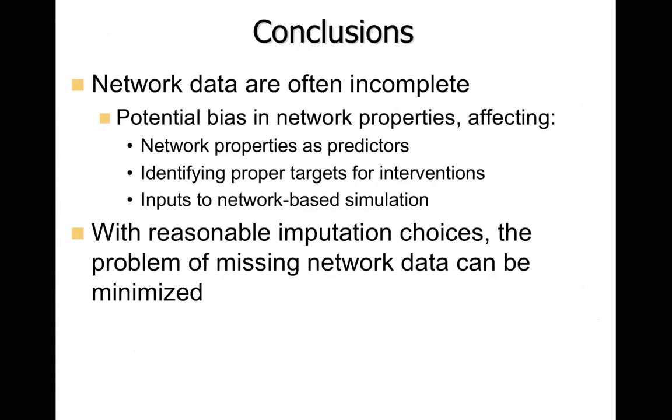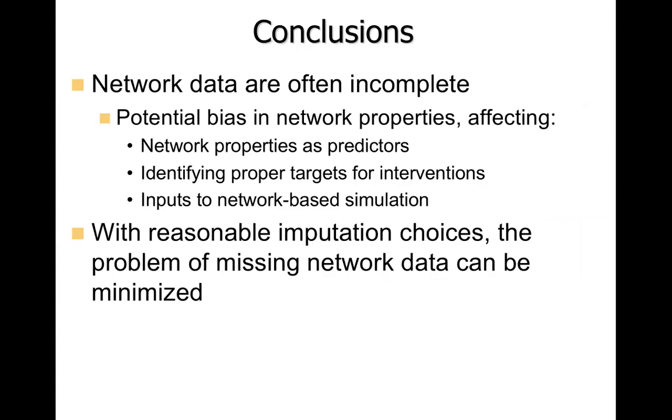Okay, so let me wrap up and say that network data are often incomplete. This is a very common problem. It can create biases when constructing your network, which has implications for using network properties as predictors or as outcomes.